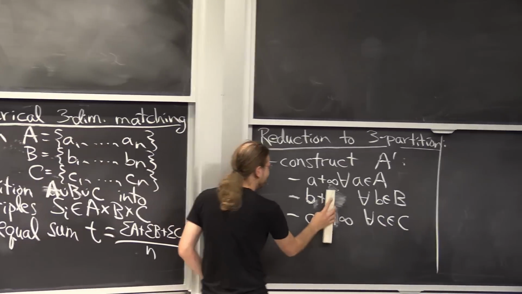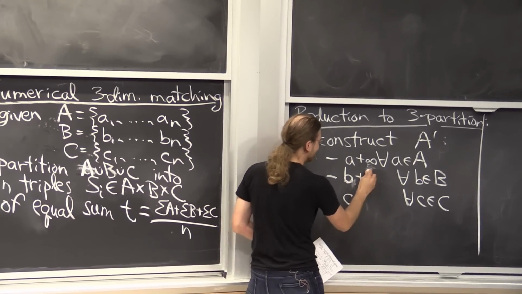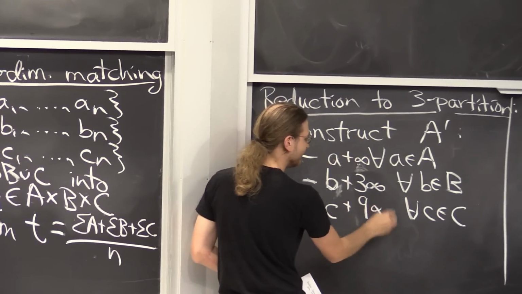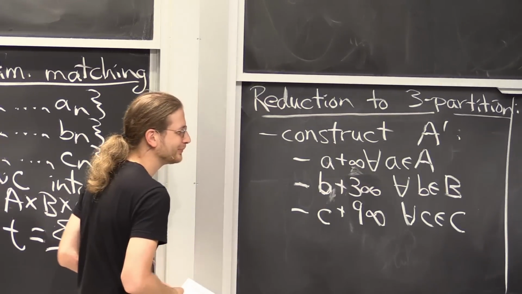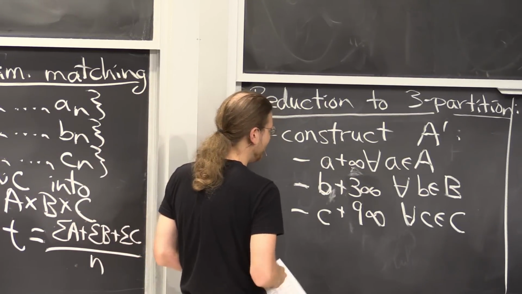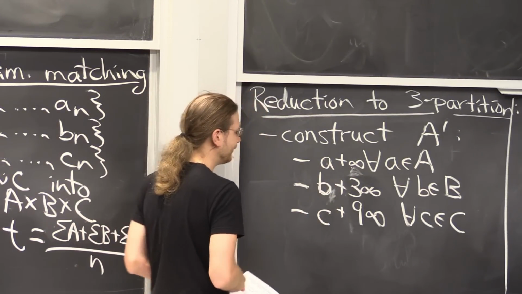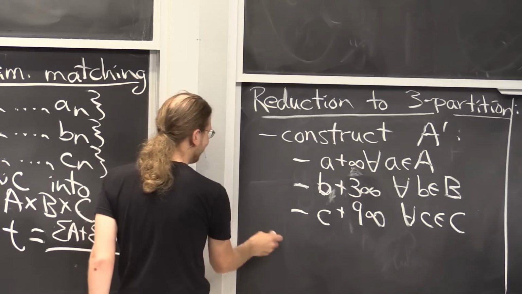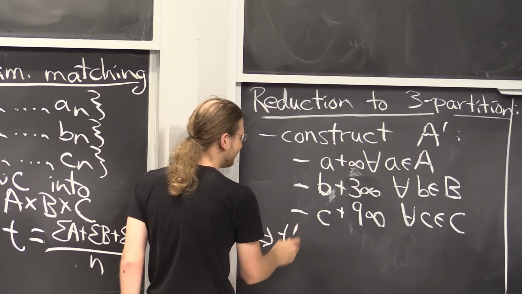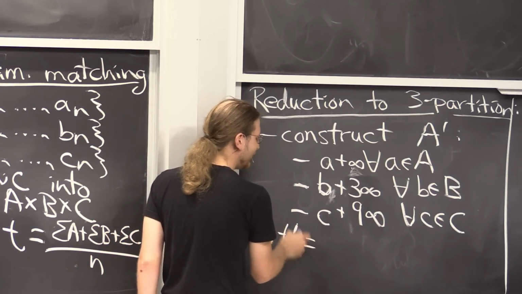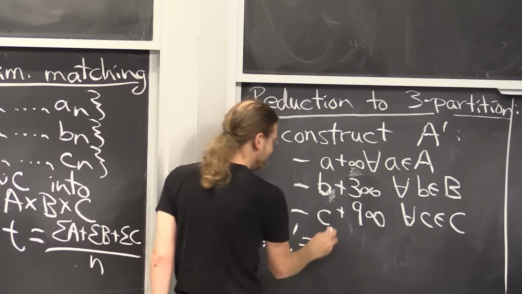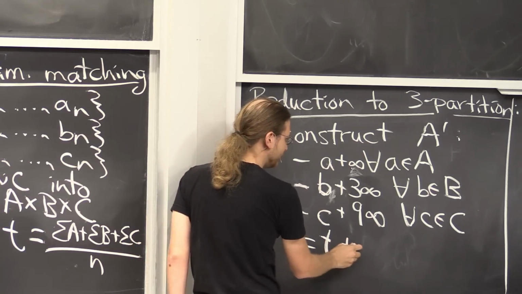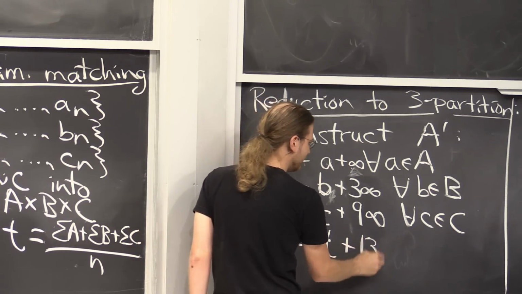It's a good thing we have Sarah here to correct our proofs. 3 infinity, 9. I think that's enough, because 6 would be bad, because then 2 of these would be one of those. You need 13 infinities in order to get anywhere. Right. So this means the new target sum should be the old target sum, which was the sum of these divided by n, plus 13 infinity.